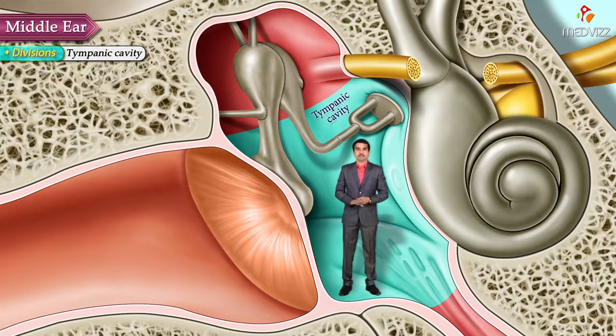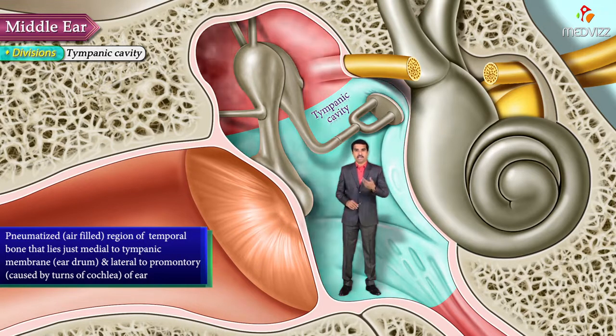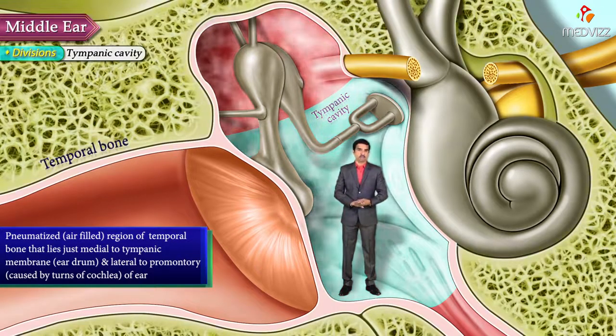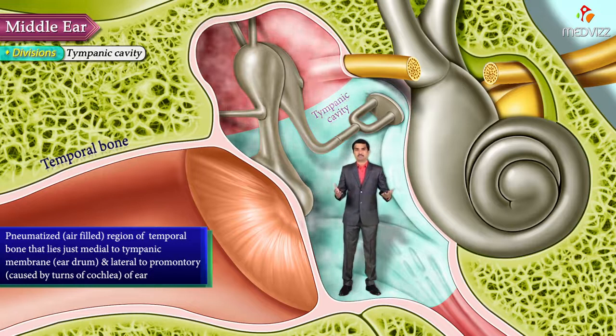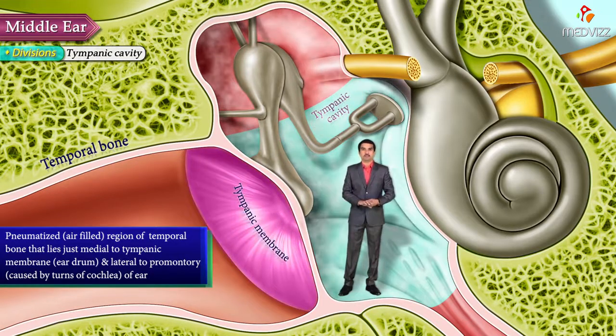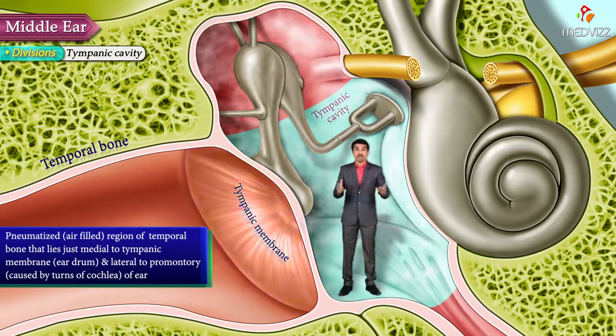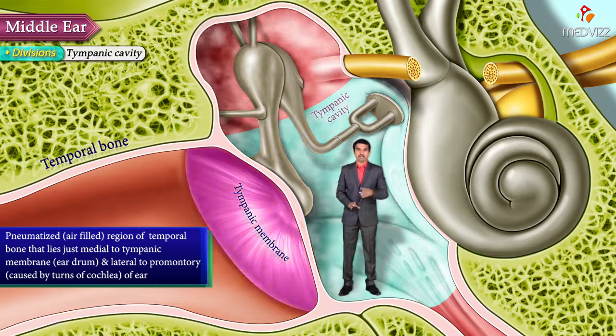The tympanum is a pneumatized region. What is the meaning of pneumatized region here? It is the air-filled region of the temporal bone that lies just medial to the tympanic membrane. What is the tympanic membrane? We also call the tympanic membrane the eardrum. Remember that the tympanic membrane is also called the eardrum.